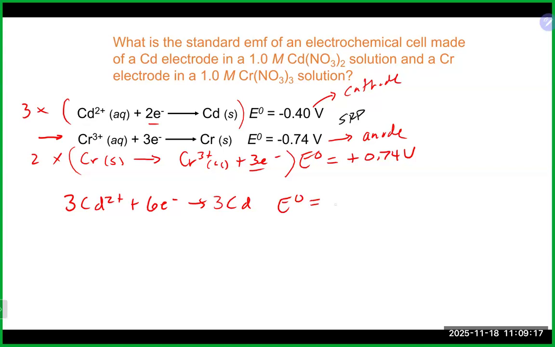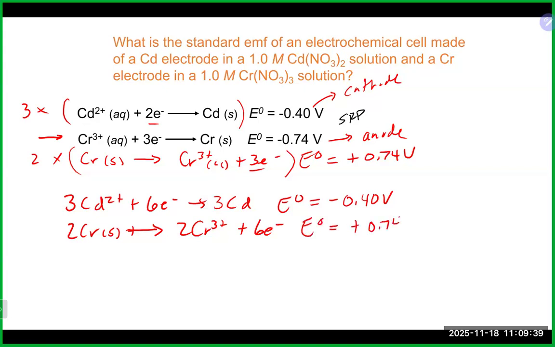Remember that when you do that, it has no effect on the SRP value that you find in the table, so it's still going to be minus 0.4 volts. For our bottom one, we're going to go 2Cr arrow 2Cr3+ plus 6 electrons. Also not going to have an effect on the SRP value.